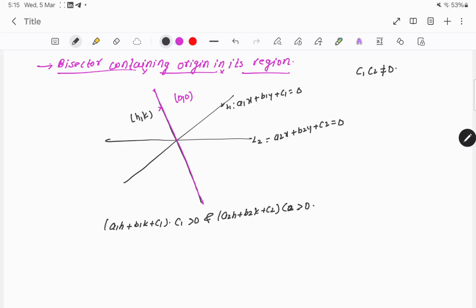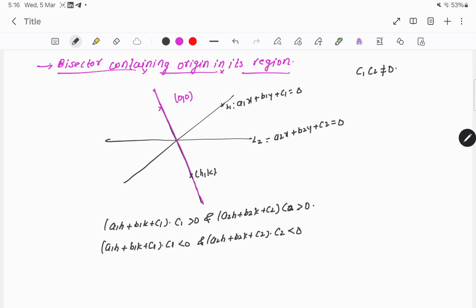Now suppose (h, k) is lying here. Now what will happen? (a1h plus b1k plus c1) into c1 is less than 0, and (a2h plus b2k plus c2) into c2 is less than 0. Why?